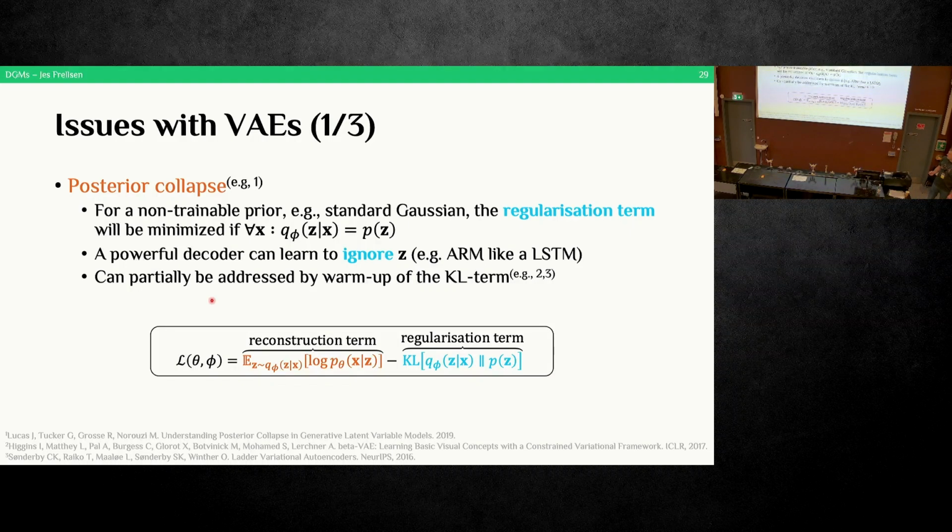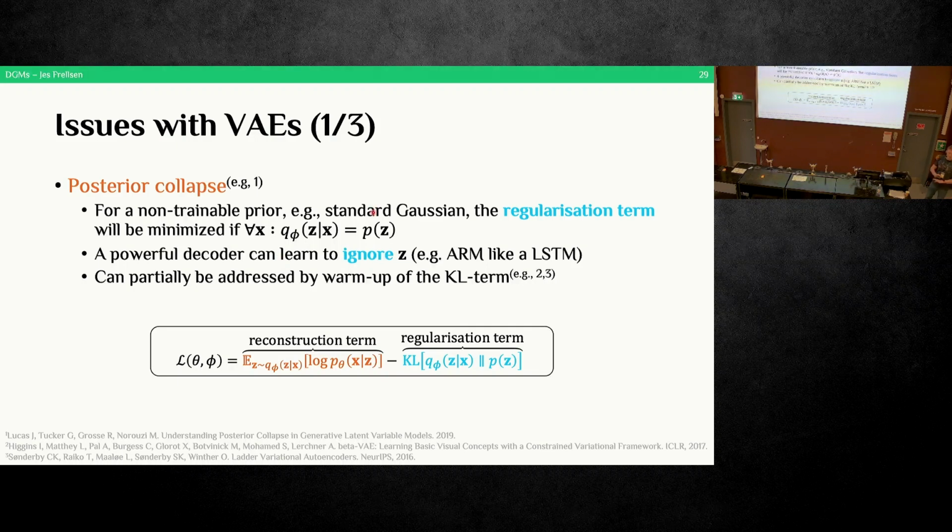One of the issues that you often see is what's called posterior collapse. That's basically that the decoder can learn to ignore the prior. Think of a non-trainable prior, for instance a standard Gaussian. One way to minimize the regularization term over here is to take my variational distribution and just ignore the x, so that no matter what x I put into my encoder, it always returns a standard Gaussian.